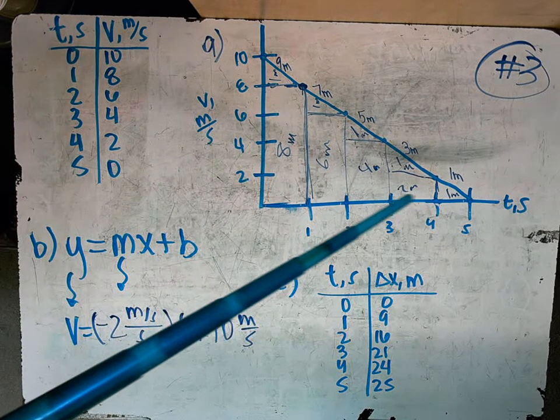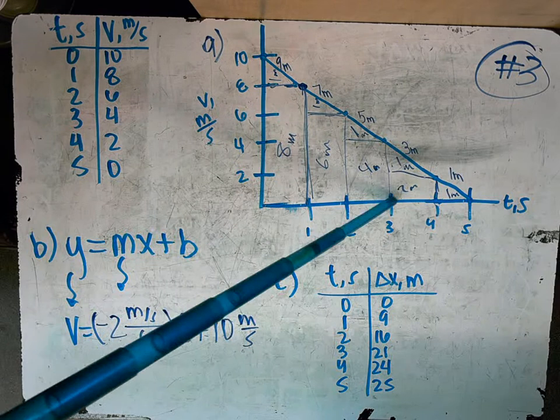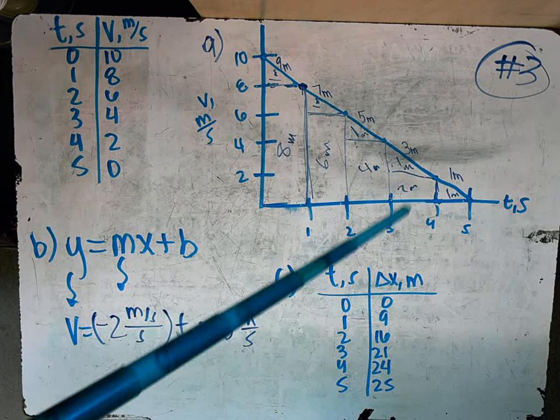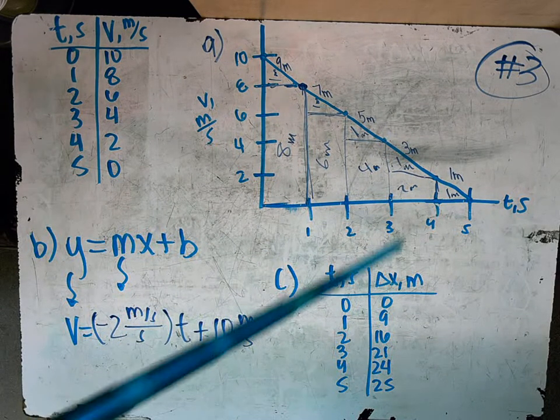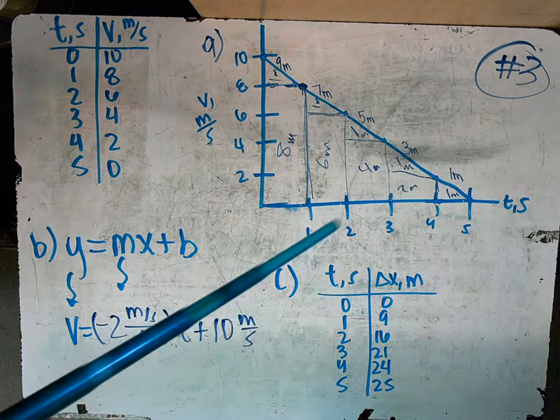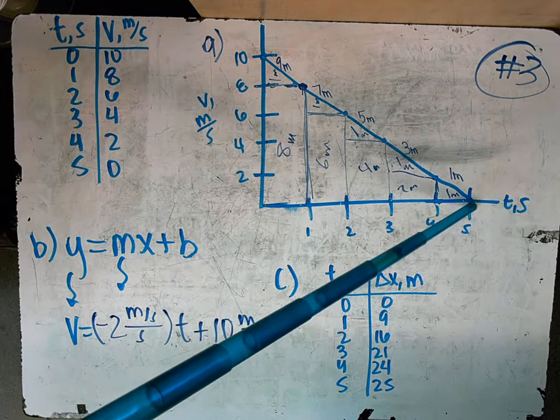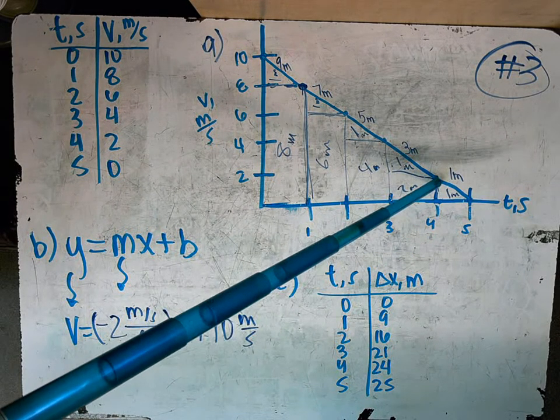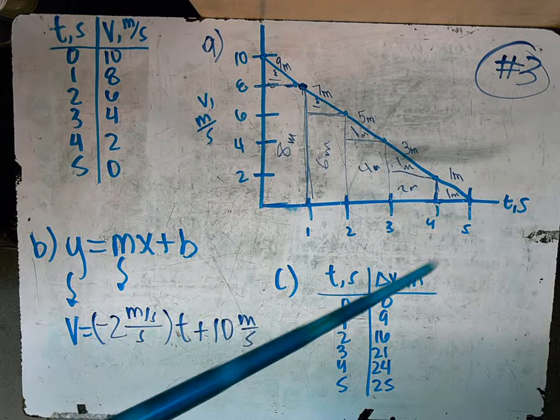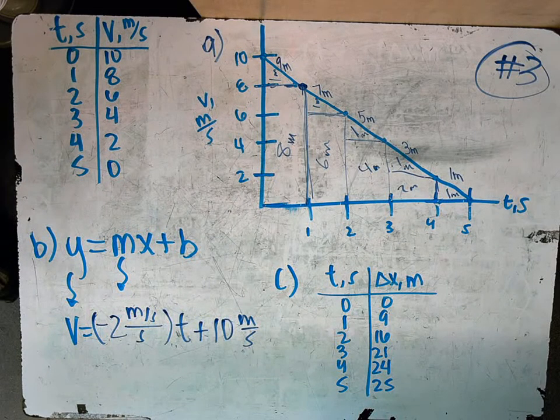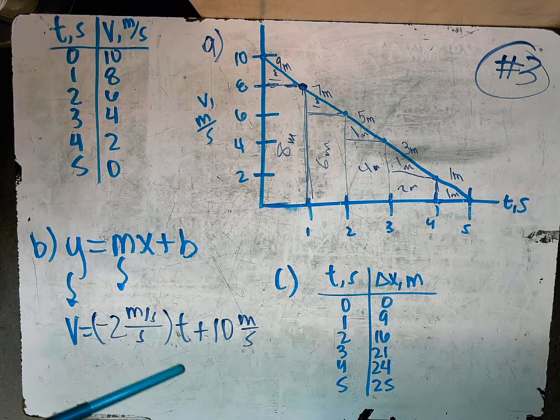The next second, I end up going 2 meters, plus the 1, I had 3. That's 24. And then you have 1 little meter right there. I stop here, but I started off going 2 meters per second, so that's 1 meter of displacement, which gives me a total of 25 meters. Does that make sense to everybody?